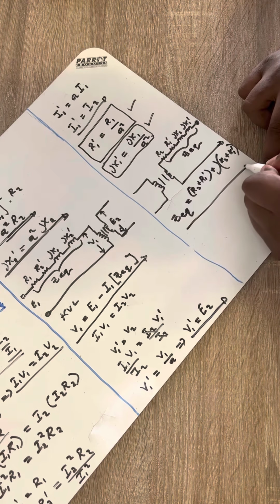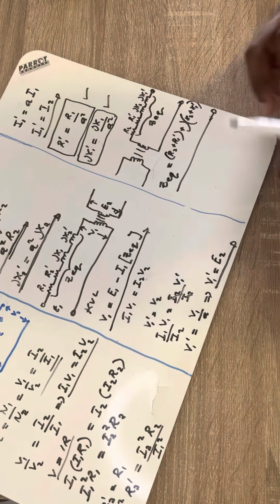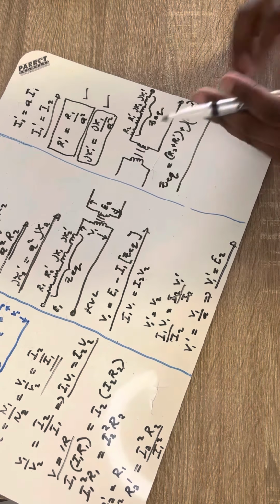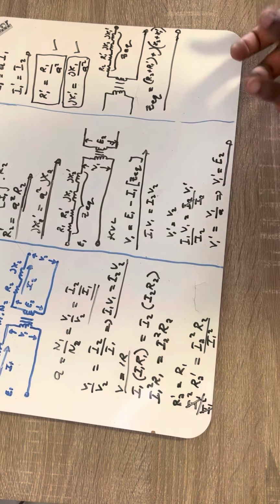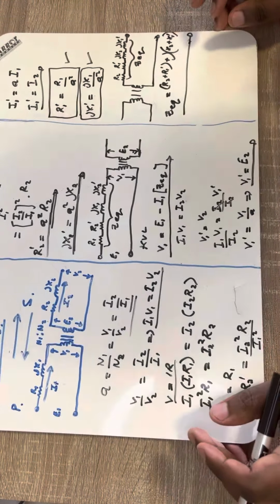So that will be your total impedance. And then from there, you can calculate the total current flowing on the secondary side. Then you can also refer that current to the primary side using the equations that we already spoke about.